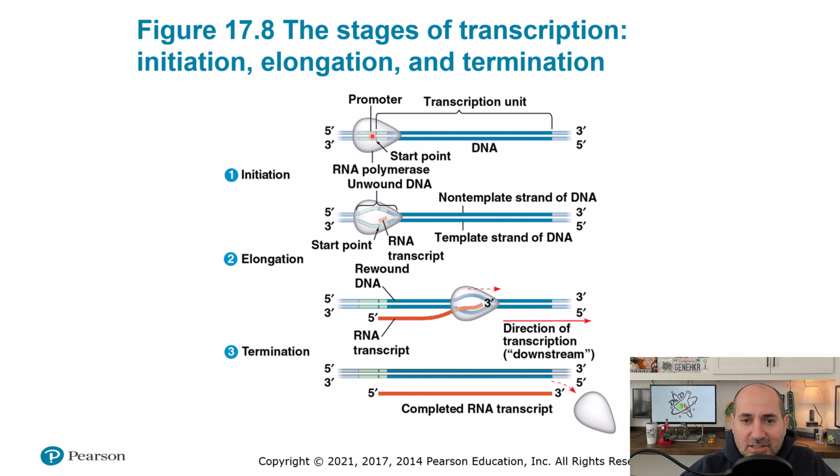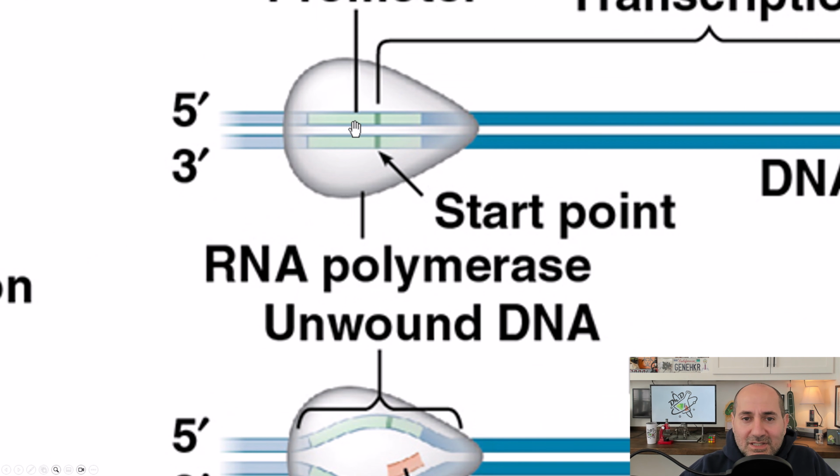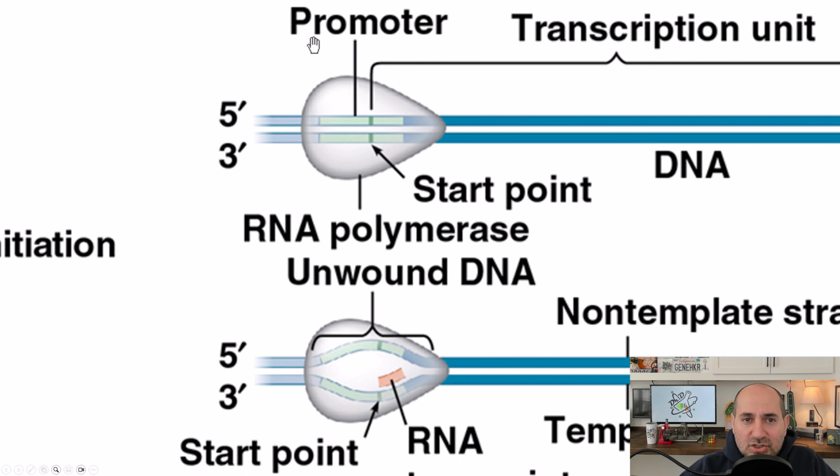But in order to copy the transcription unit, first RNA polymerase attaches to the DNA in front of the gene, upstream. It's called upstream of the gene. And it attaches to this green segment of DNA. This green segment of DNA has special sequences on it known as the promoter, okay? So we should know that the promoter is simply a stretch of DNA with a special sequence on it that attracts the RNA polymerase.